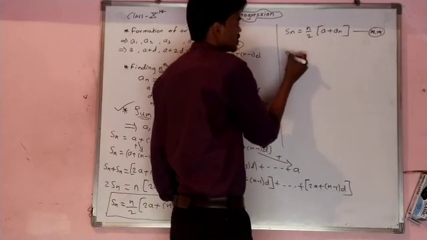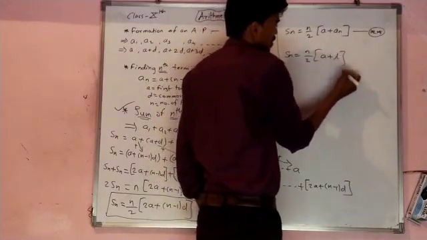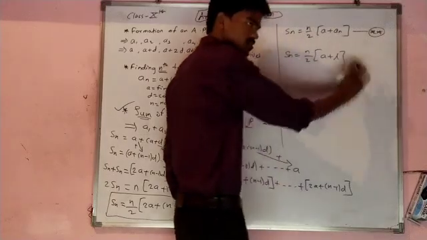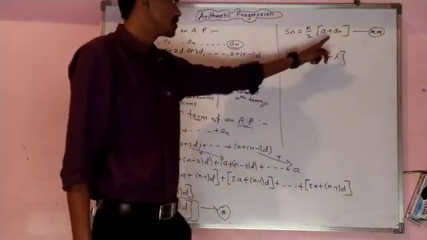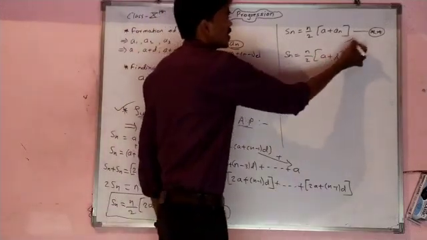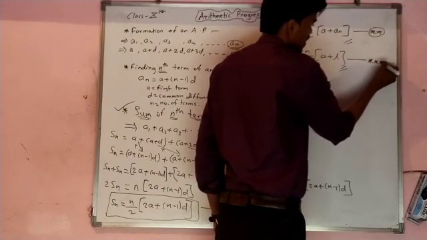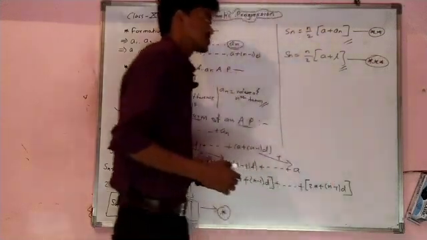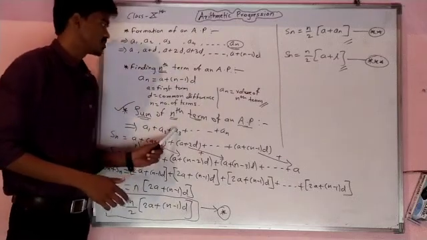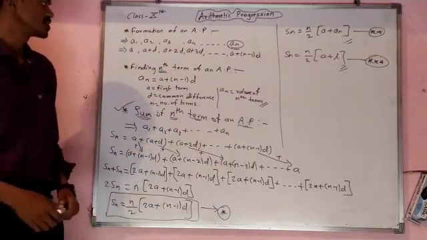And the last one is Sn is equal to n by 2 into a plus l, where l is the last term of the arithmetic progression. So these two are also formulas for finding the sum of n terms.